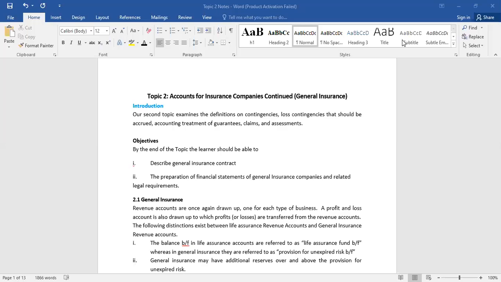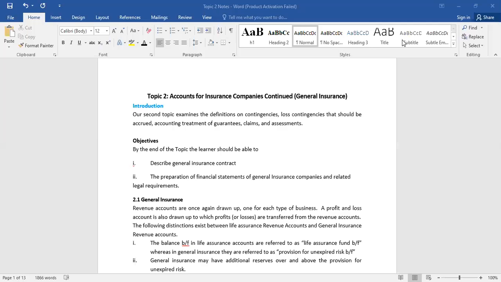So we have life assurance and general insurance, and general insurance is categorized by the risk that you are cushioning yourself against. Today we'll be looking into the accounts of general insurance companies, and the different segments of the business.